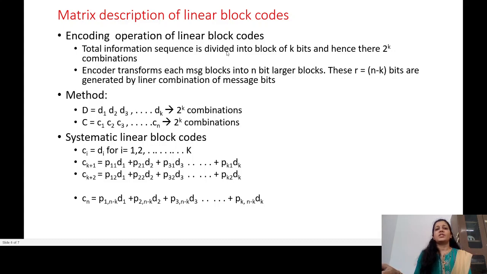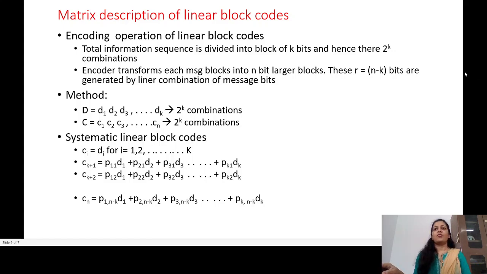So the total information sequence is divided into blocks of k bits and hence there are 2 power k combinations. Why are we saying 2 power k combinations? Because if I am representing one block using only 2 bits, then the possible combinations can be 00, 01, 10 or 11.